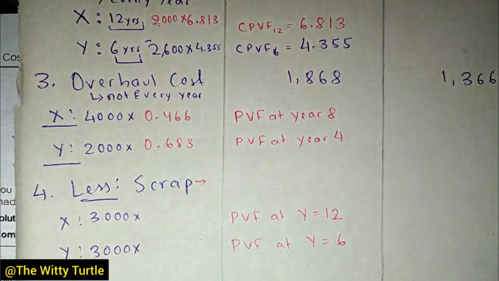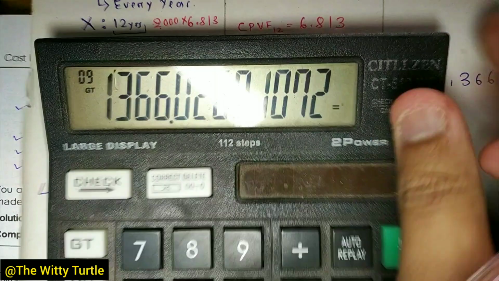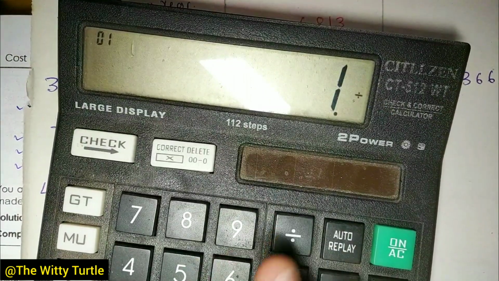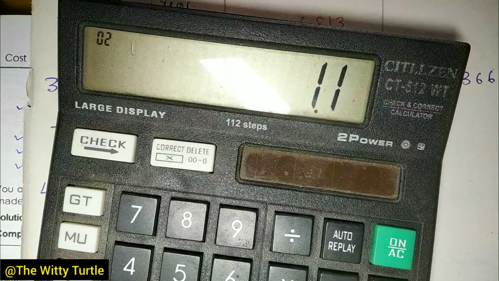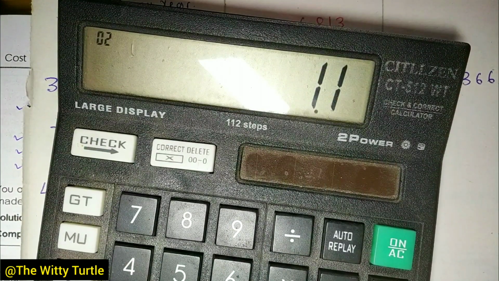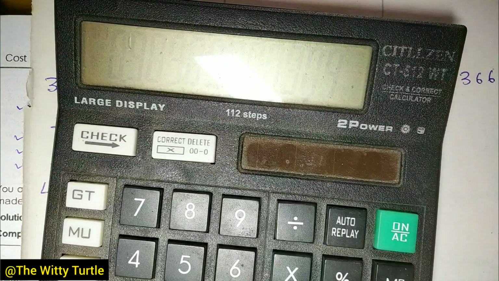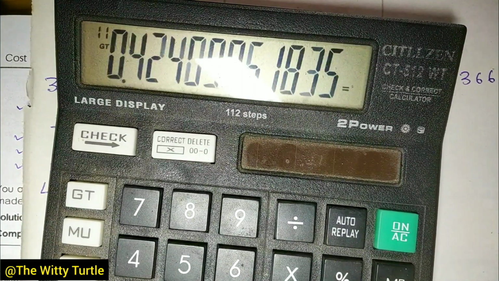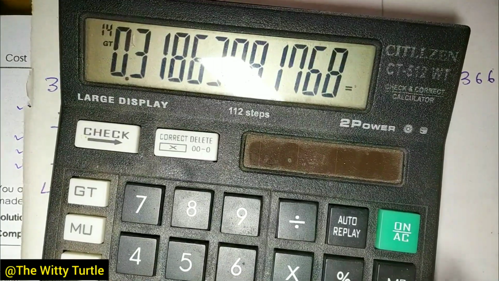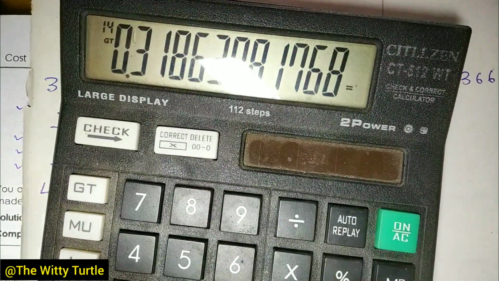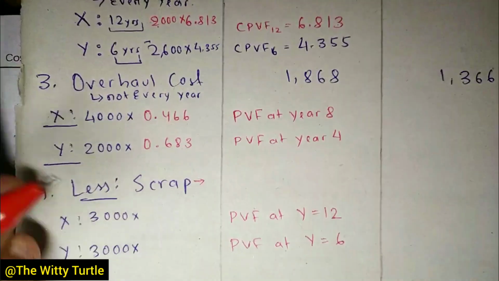So we have to calculate the present value factor. 1 divided by 1.1, then 12 times we have to press equal to: 1, 2, 3, 4, 5, 6, 7, 8, 9, 10, 11, 12. This is what? 0.318.